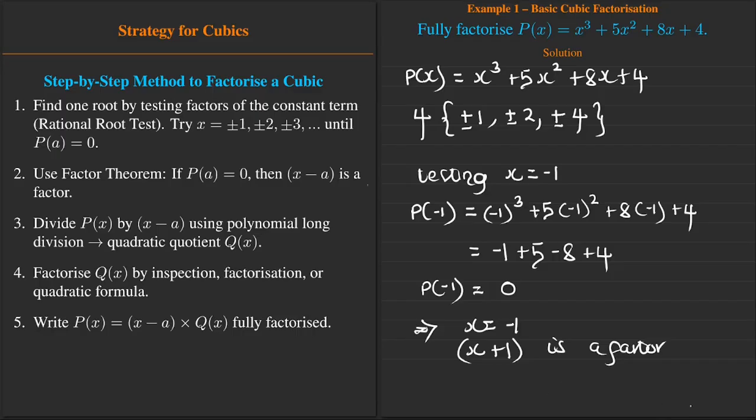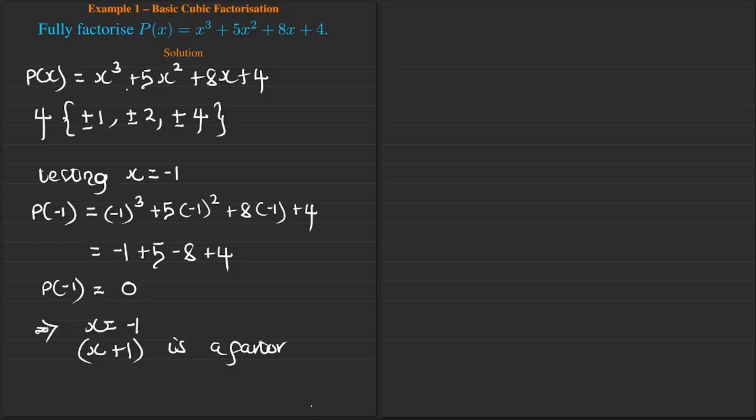So let's come here, and our p of x, which is x cubed plus 5x squared plus 8x plus 4, is being divided by x plus 1.